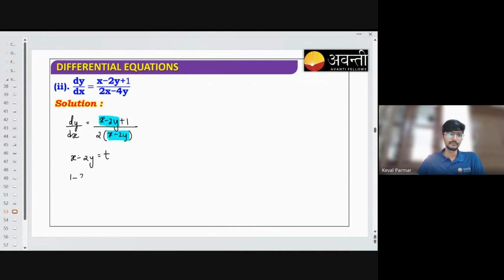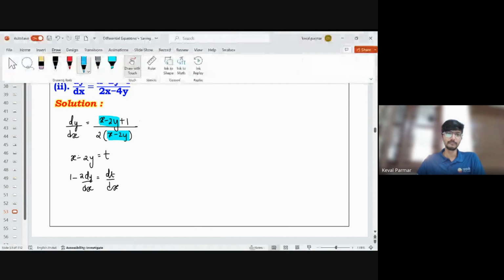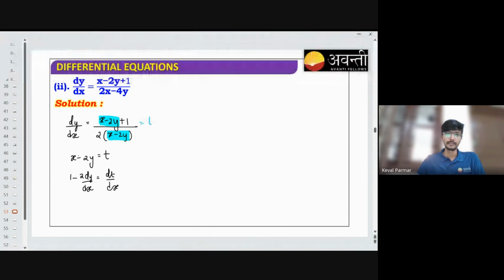So 1 minus 2 dy by dx is equals to dt by dx. So this dy by dx will now become t plus 1 upon 2t. So substitute the value of dy by dx here.